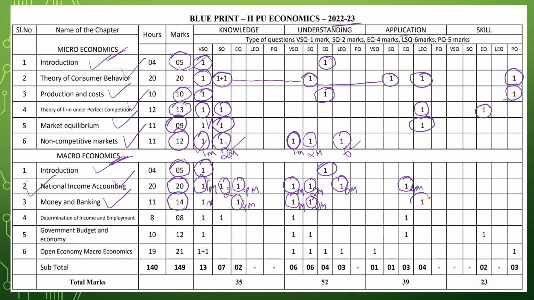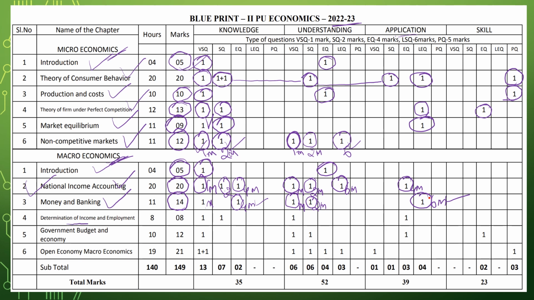And an essay type question, that is one 6-mark question, will be asked. So here also, as 14 marks is allotted, two 1-mark questions and one 2-mark question and one 4-mark question and one 6-mark question are asked from this chapter.